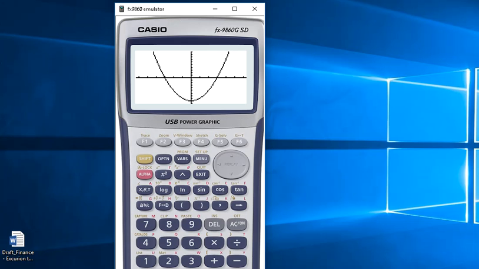Give me a tick if you kept up with me changing the view window, because I did it reasonably quickly. A cross if you got left behind and you don't really know what I did.